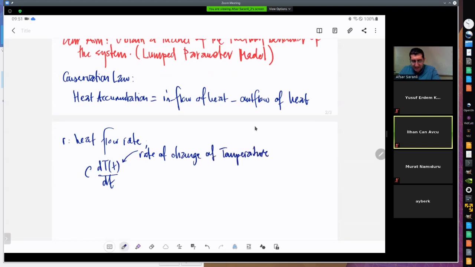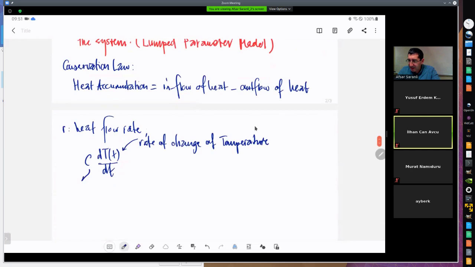And in this case, what we call C is the thermal capacitance. I call this C in a way similar to the electrical circuit.